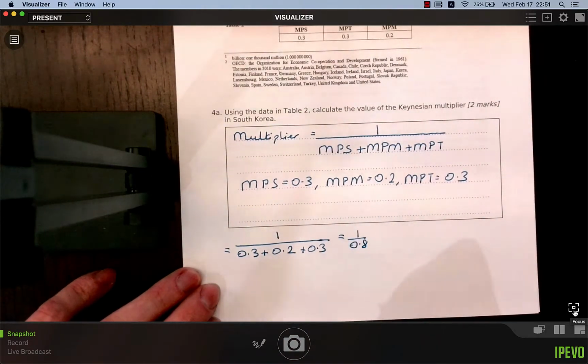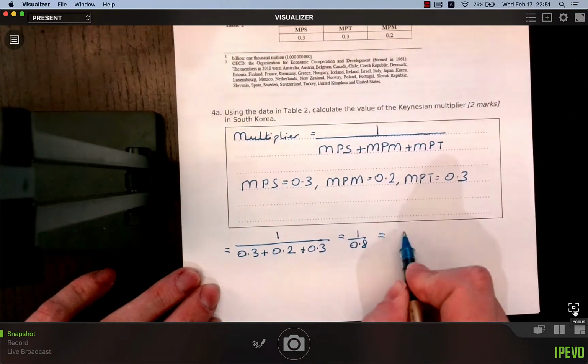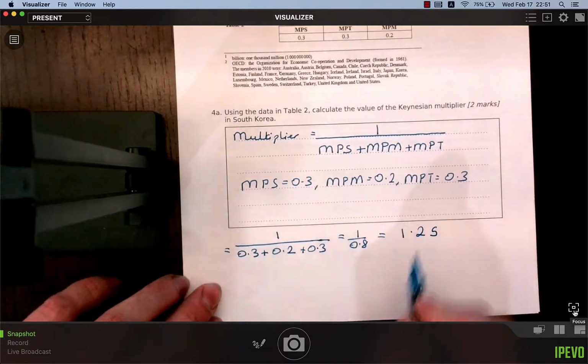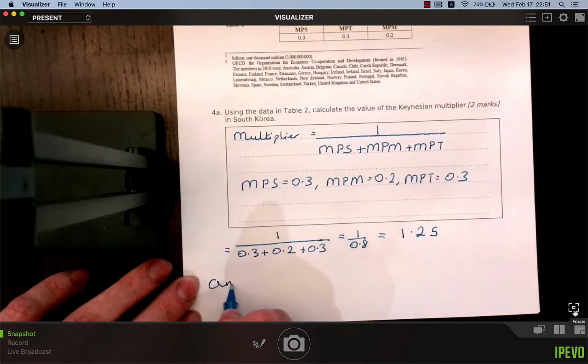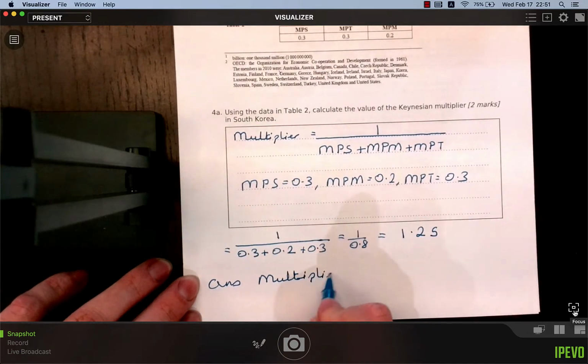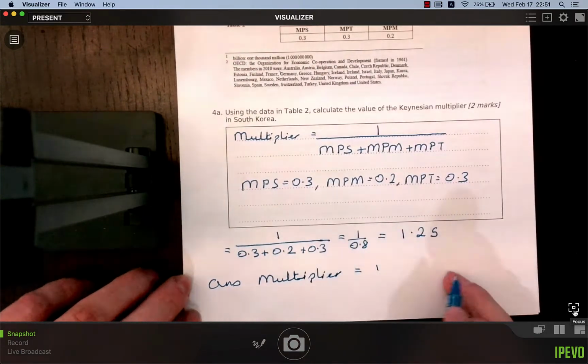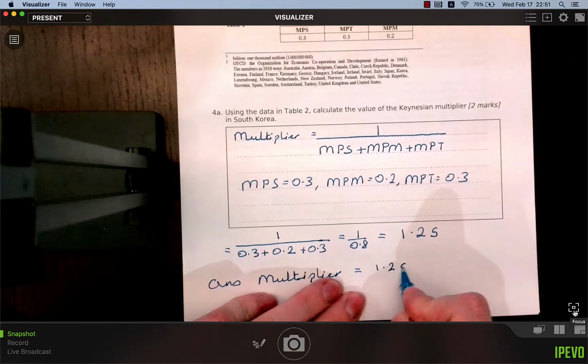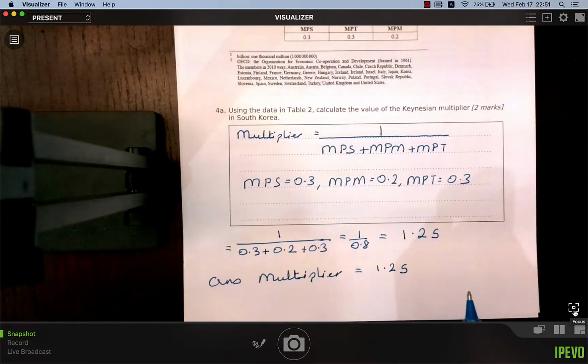I have worked that out to be 1.25. That is the multiplier. So I'm just going to write down answer. Multiplier equals 1.25.